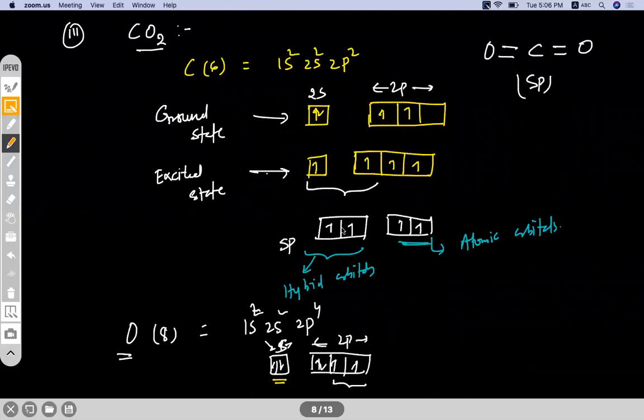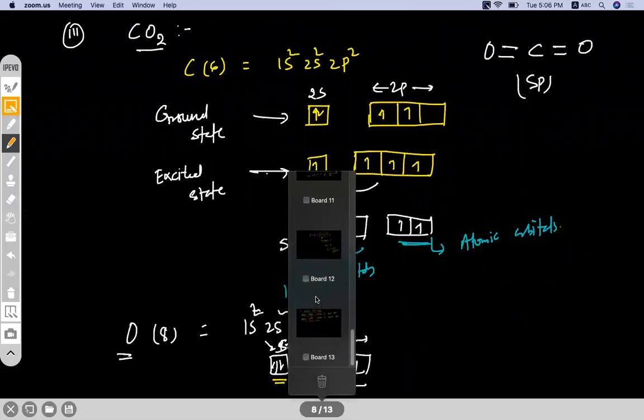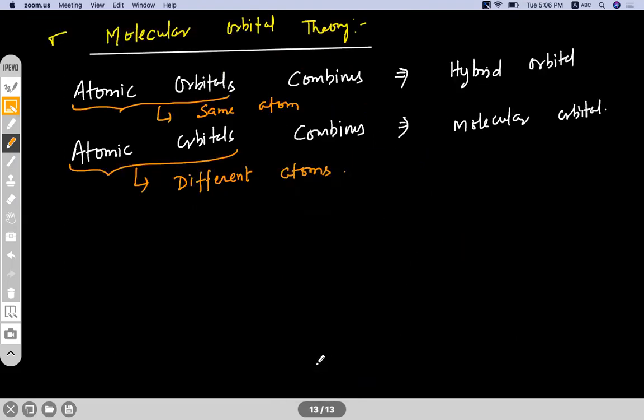So in all these examples that I've given you, you can easily understand that the atomic orbitals of the same atom take part and form hybrid orbitals. Different atoms of the same element you can take, you can talk about isotopes here. Rarely, but we cannot say it's not possible. It's possible.